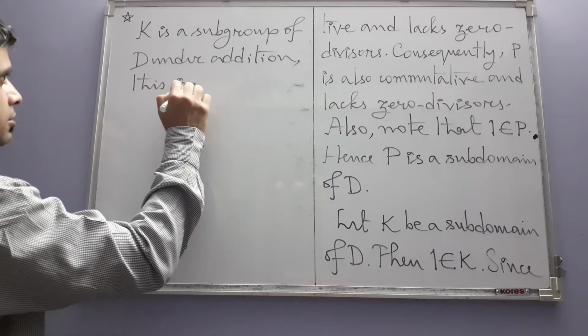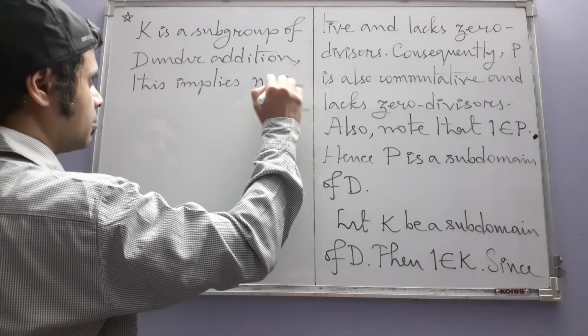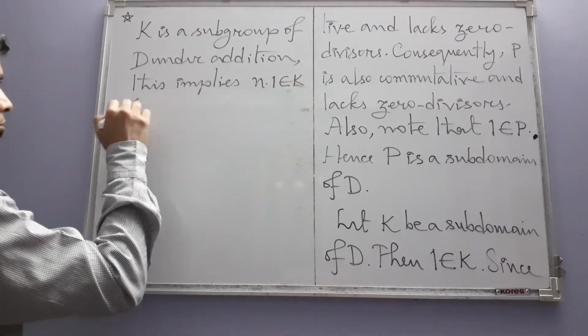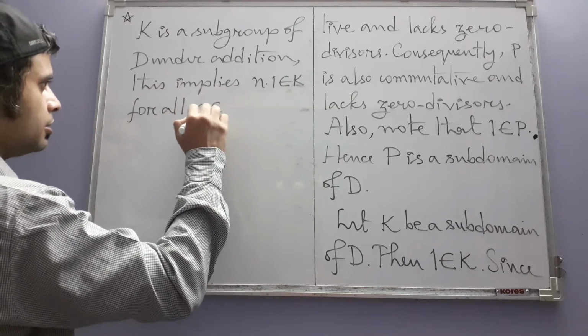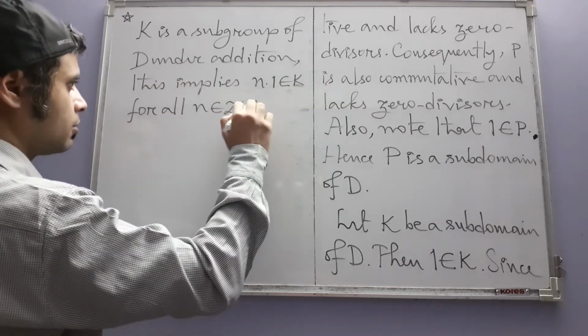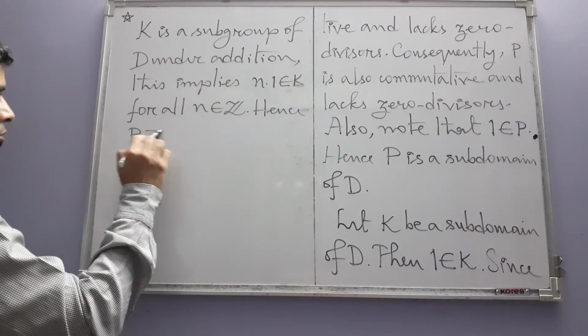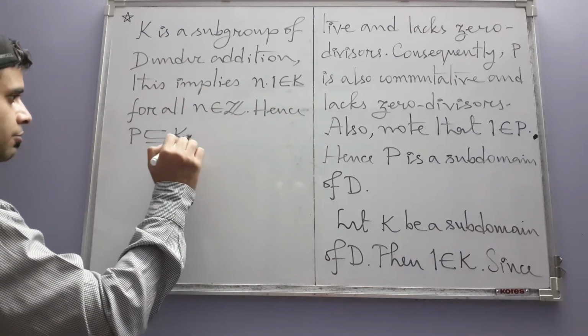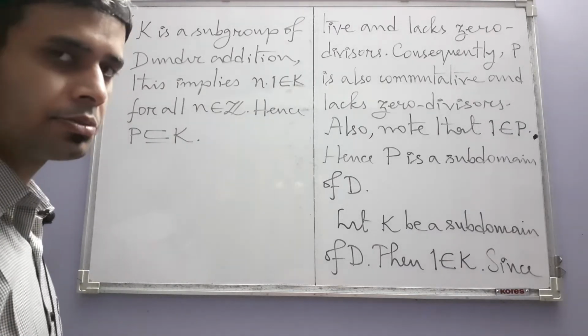This implies n dot 1 belongs to K for all integers n. Hence, P is a subset of K. So, any subdomain K contains P.